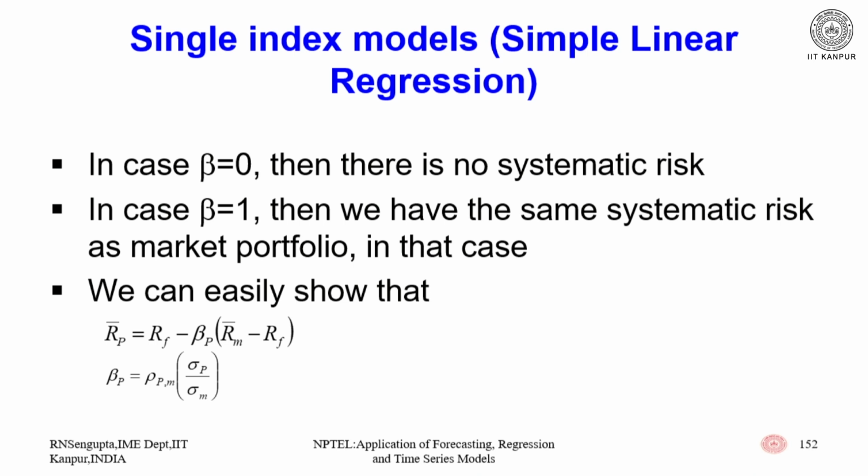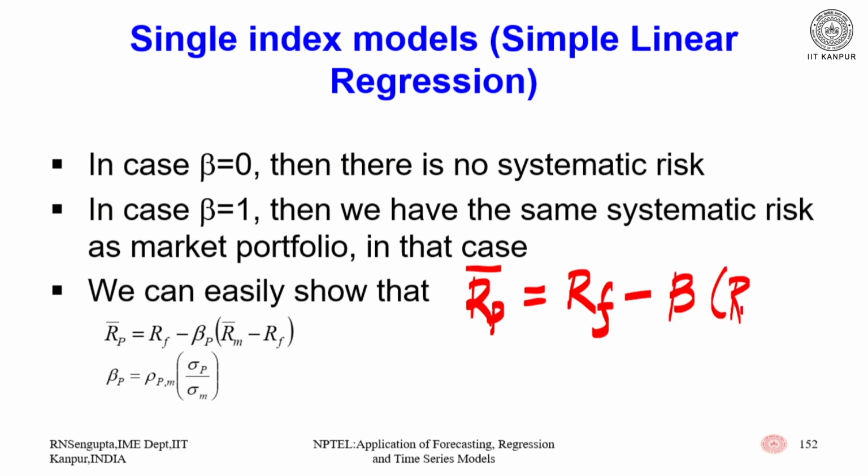So, we can easily show, if we go further into the details, though I am not going into the financial aspect, that the total return RP bar can be expressed as RF, where RF is the treasury bill 91 days interest rate. All interest rates would be expressed as continuous compounding, minus beta times RM minus RF.